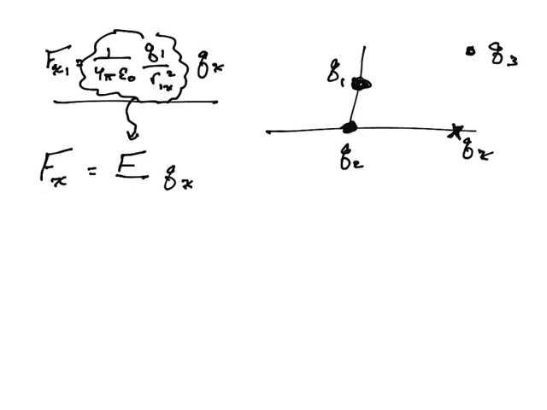It's just a way to make the equation look a little simpler. E is 1 over 4 pi epsilon naught Q over R squared. That's what E is.